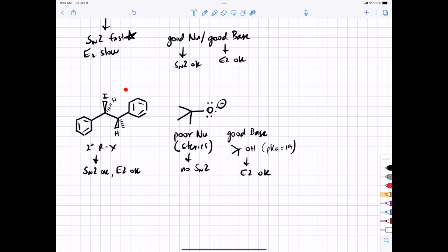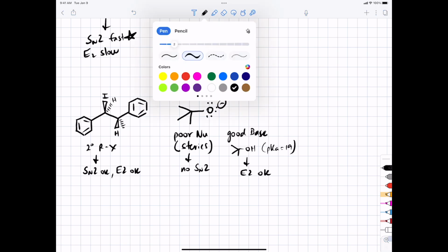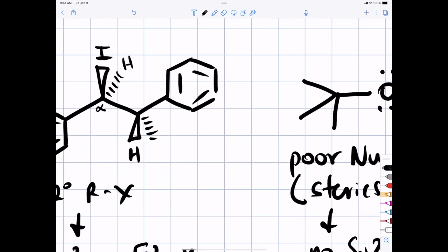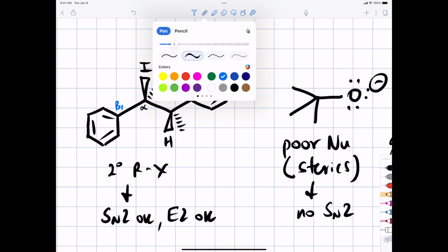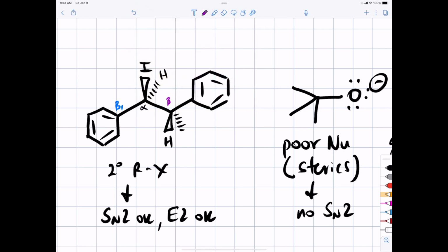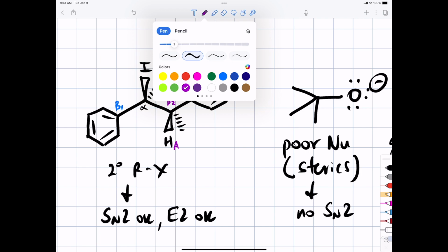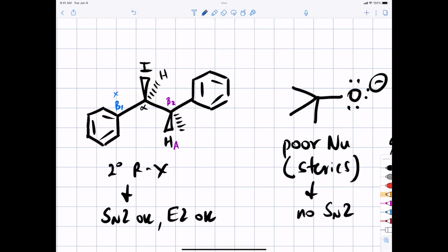Now, let's look at this molecule. As we've drawn it, let's look at the beta protons. Here's the alpha carbon, the one that's attached to the leaving group. Here's beta carbon 1. And here's beta carbon 2 with beta proton A. Notice that beta carbon 1 has no protons on it, so we don't need to worry about elimination from beta carbon 1.